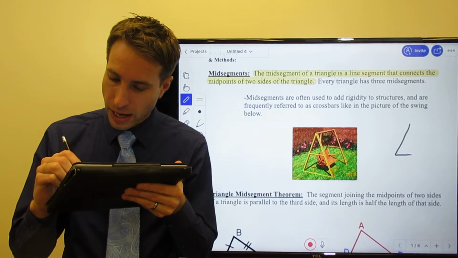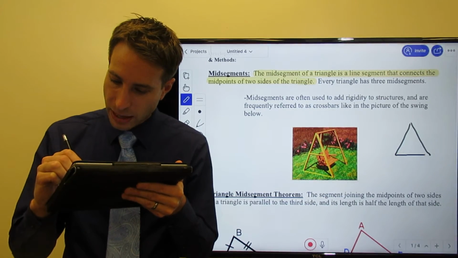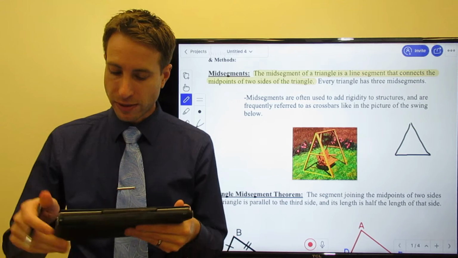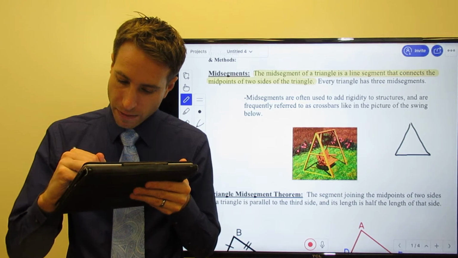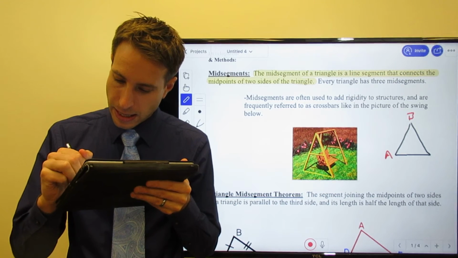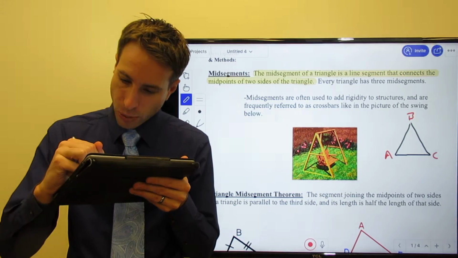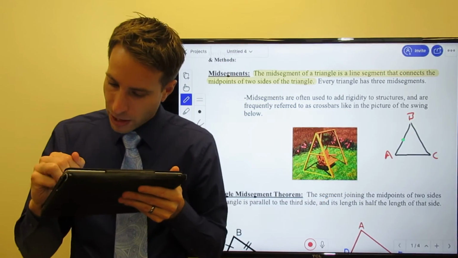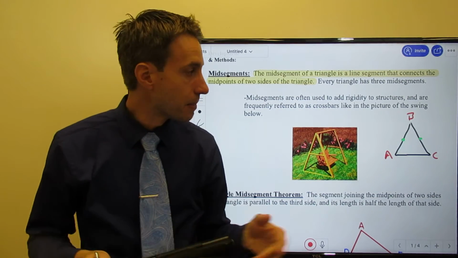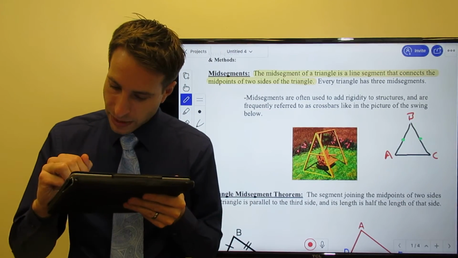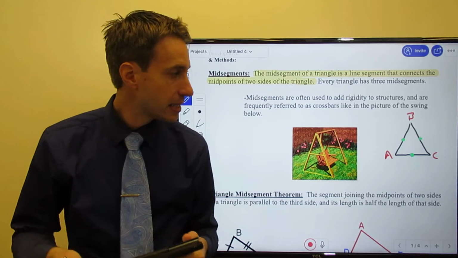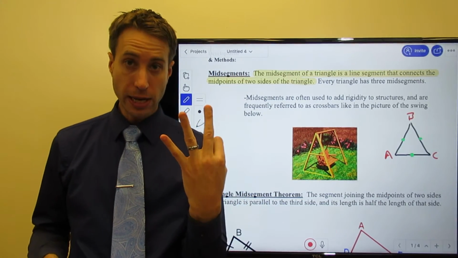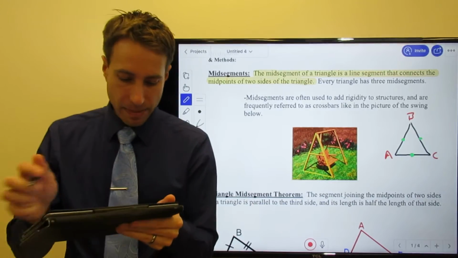If I draw a triangle, and this is just a rough sketch, I'm connecting the midpoints of the triangle's sides A, B, and C. I'll draw those midpoints. Maybe right about there is the midpoint between A and B. Right about there is the midpoint between B and C. And right about there is the midpoint between A and C. I will have three mid-segments.